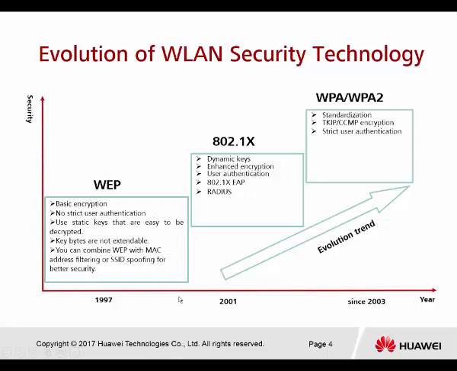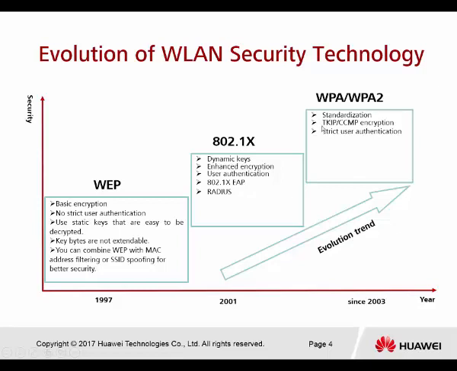Then in 2001, they started 802.1x. This one supports dynamic keys and enhanced encryption, does user authentication, and can support EAP and also RADIUS. Then it evolved to WPA and WPA2.